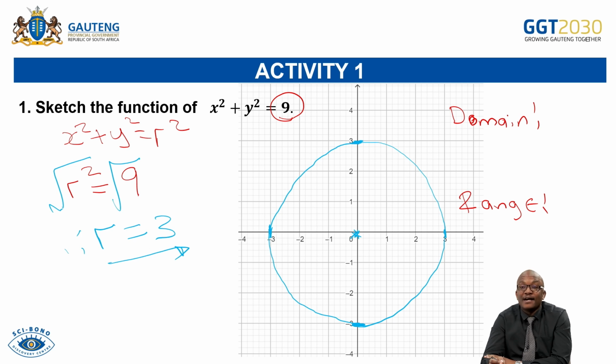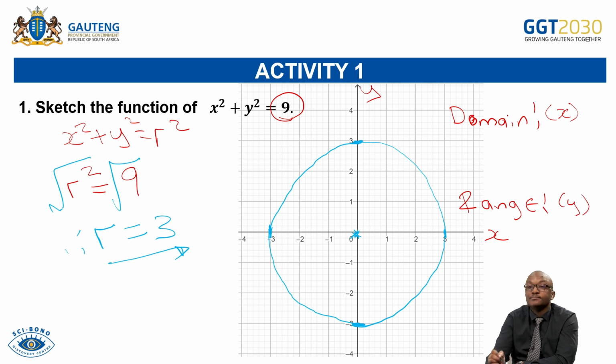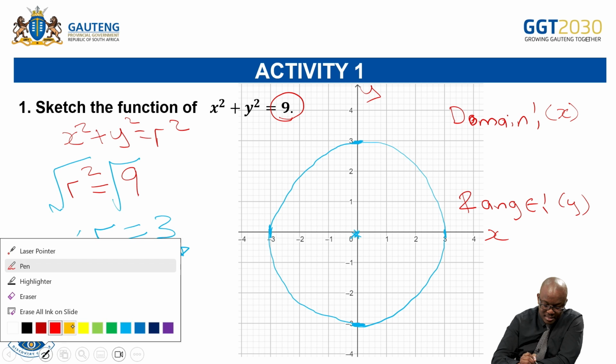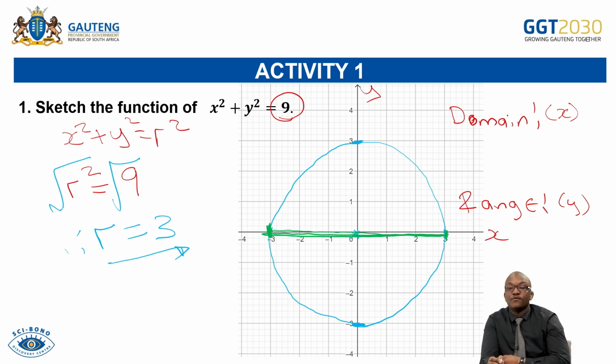Domain is x values and range is y values. On your x values, where does the function start and where does the function end? The function starts from -3 and 3. So that's where the function is defined.